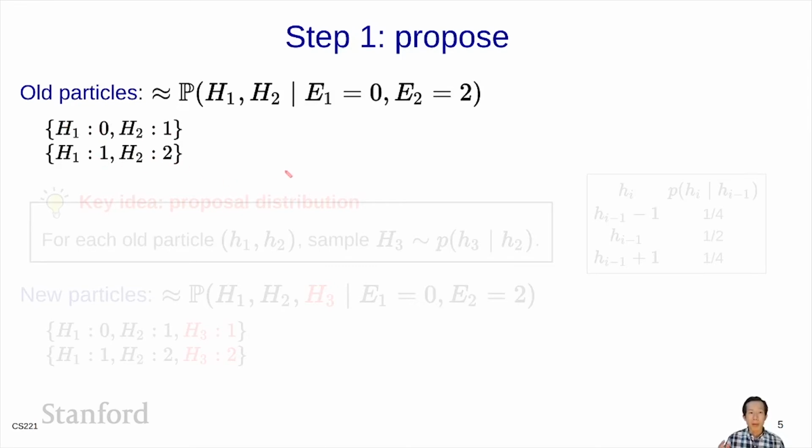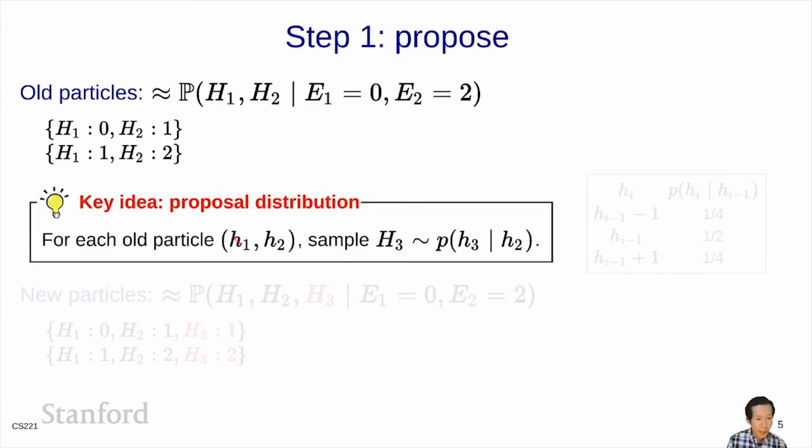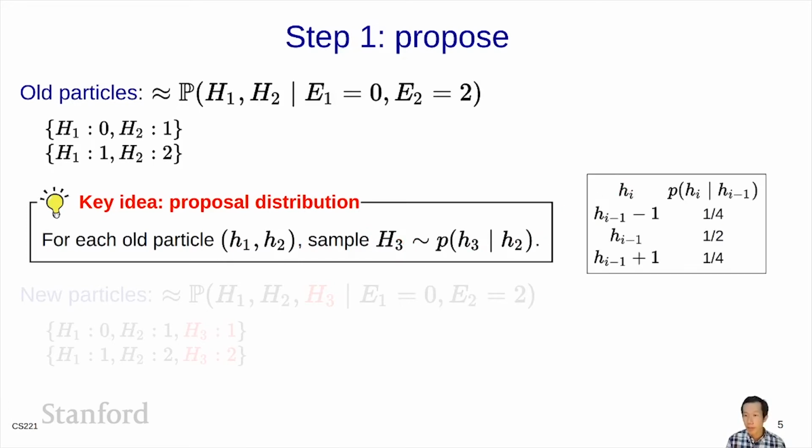So now the propose step is going to take each of these particles, and I'm just going to sample a value for H3, the next variable, given the transition distribution. Remember, it was up and down with probability 1/4, and the same with probability 1/2.